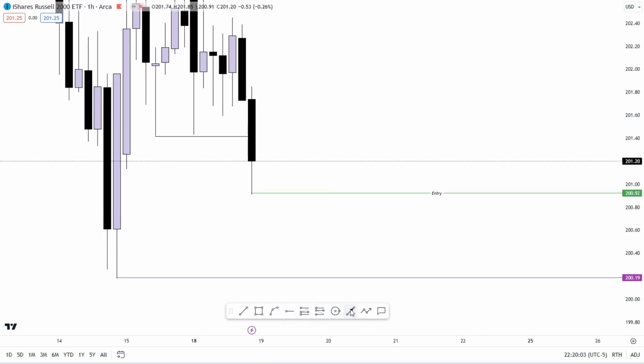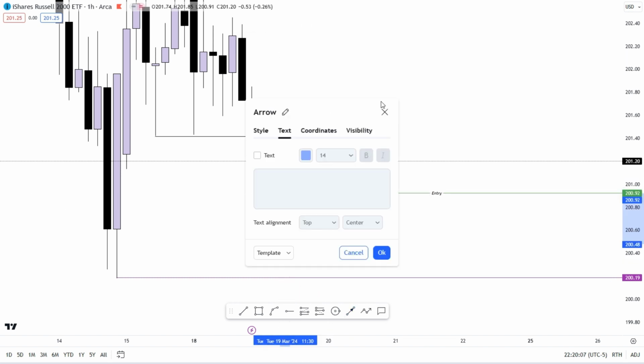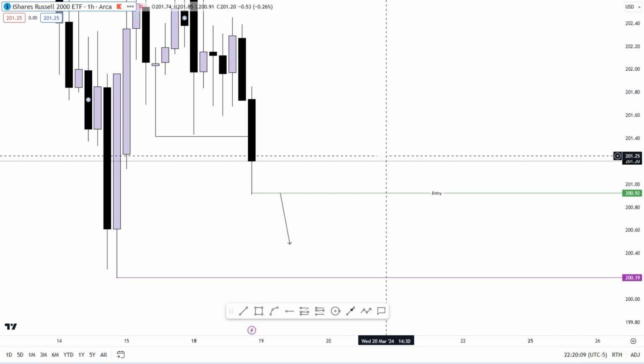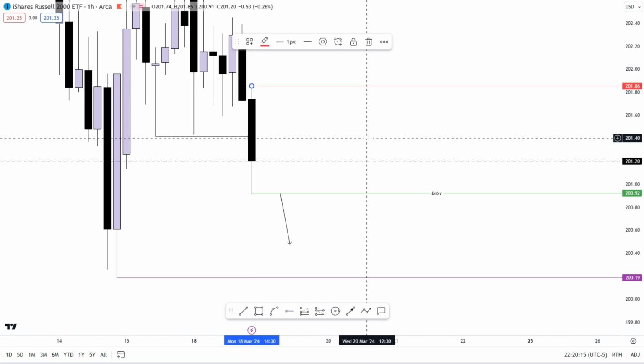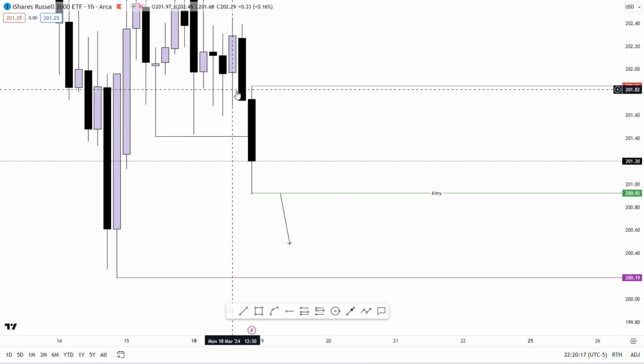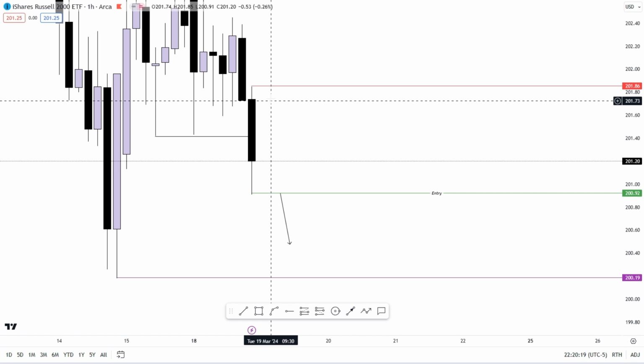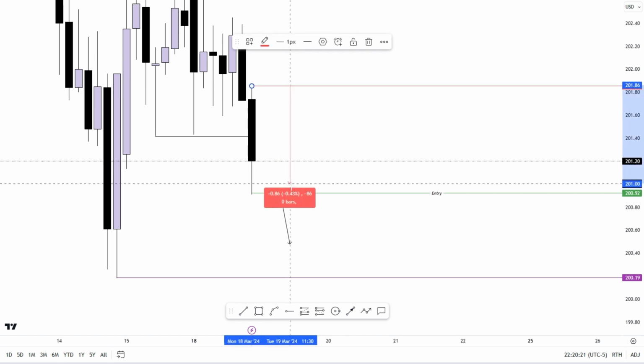Now, if you enter off a break down here, let's say you enter right there, setting your stop gets a little bit more tricky, because you would be setting it maybe up there since this candle would be technically protected, but you see how big this range is.